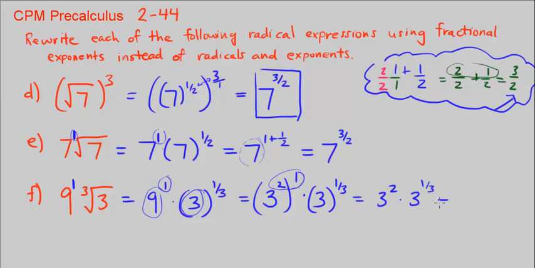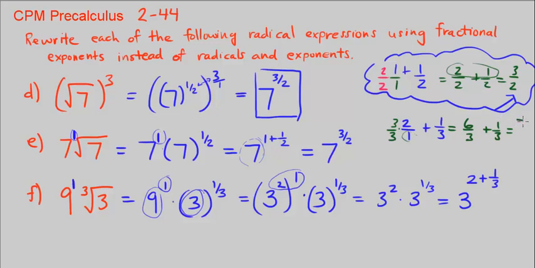And now we have the same base. We're multiplying two numbers with the same base and different exponents. That means we take the same base and add the exponents. So again, let me do this addition in a bubble. It's 2 plus 1/3. Remember, that's 2 over 1. So what's the common denominator? Between 1 and 3, it's 3. So multiply this by 3 over 3, and you get 6 over 3 plus 1 over 3.